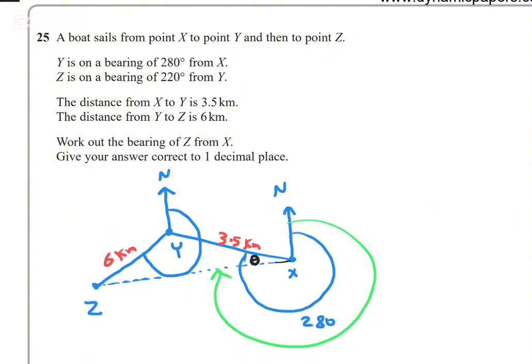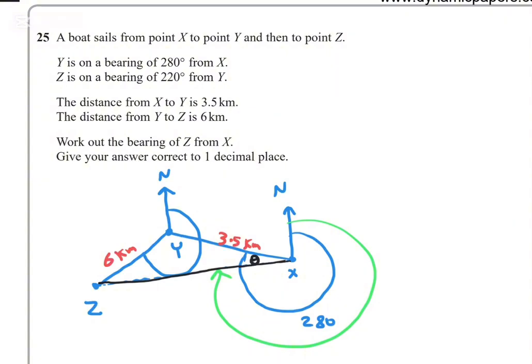So if we can find angle theta, we subtract theta from 280 to find this bearing. Now to find this angle, in triangle XYZ, we have two sides, XY and ZY.